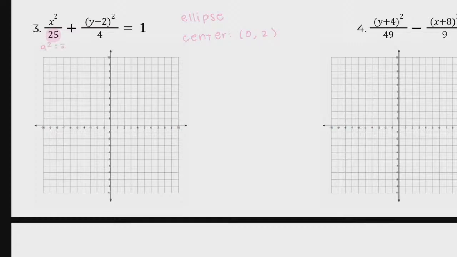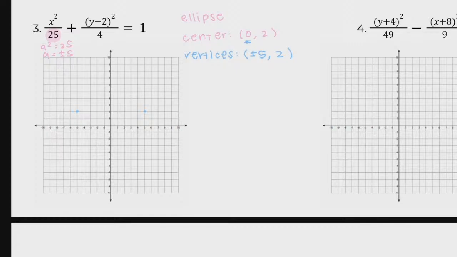So a squared equals 25, and that means a equals plus or minus 5. And we're going to be changing the x coordinate, so this will tell us the vertices. We can take the center and change the x coordinate of the center. So it's going to be 0 plus or minus 5, 2. So for this one, it'll just be plus or minus 5, 2, which is going to be here and here.